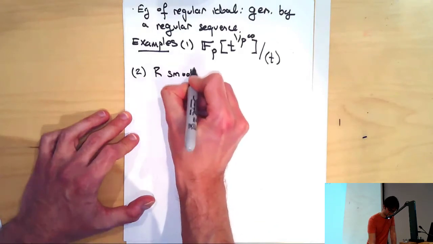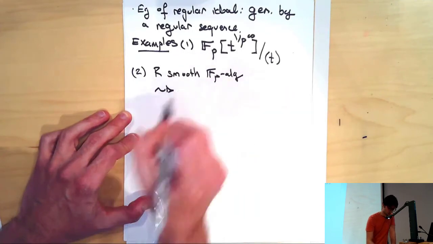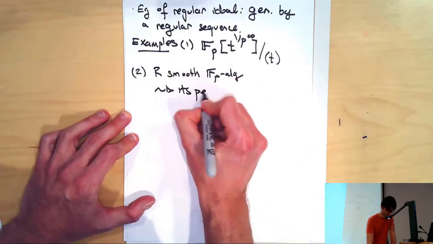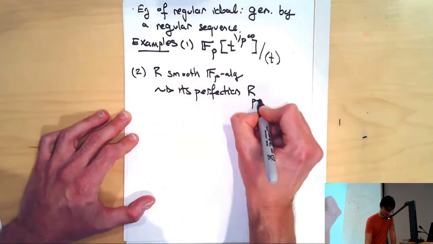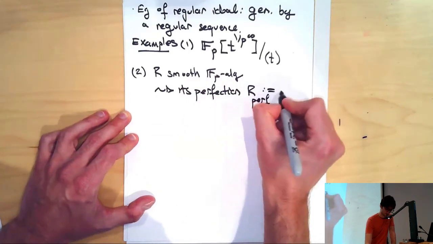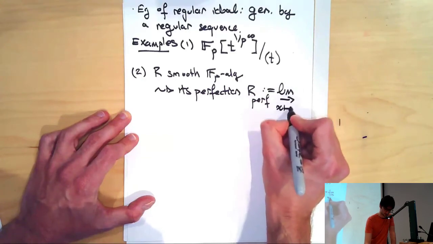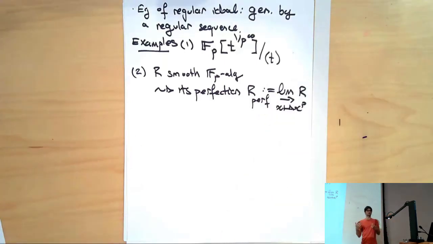So if R is a smooth FP algebra, well, first I can perfectify it as follows. R sub perf is what I get when I take the colimit over iterations of x goes to x to the p on R. So it's the initial perfect FP algebra receiving a map from R. I just adjoin in a nice way all p power roots of all elements.